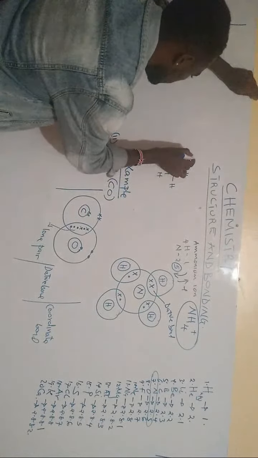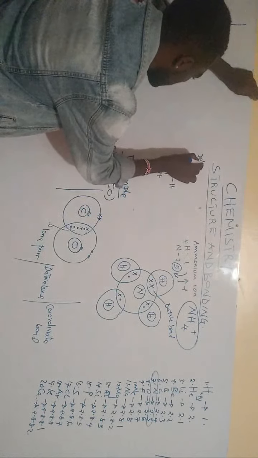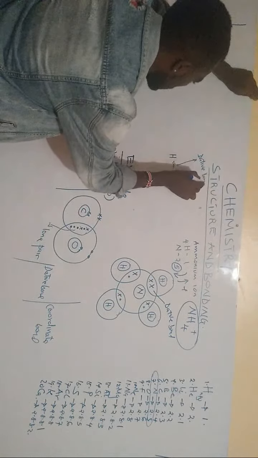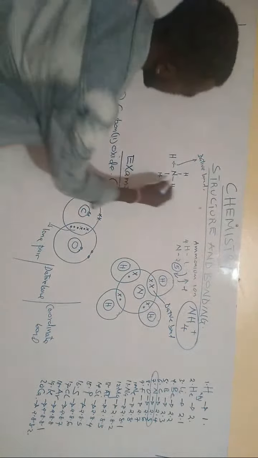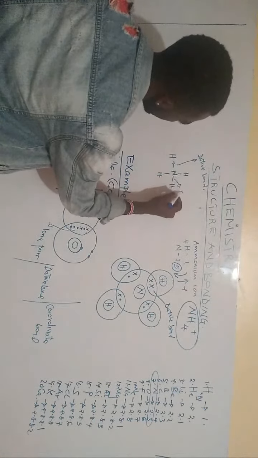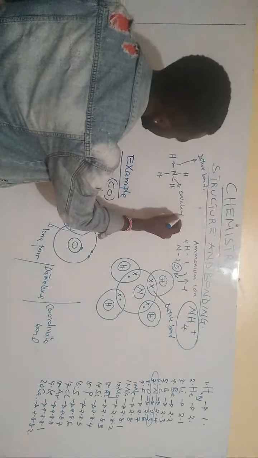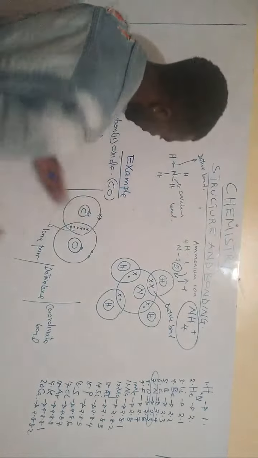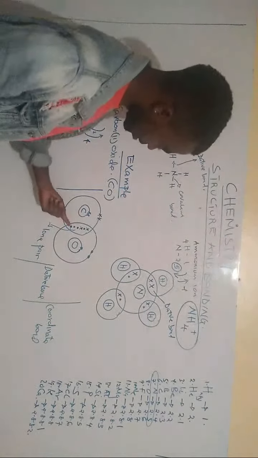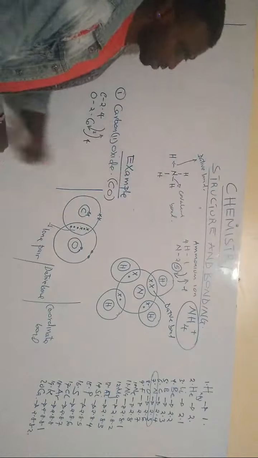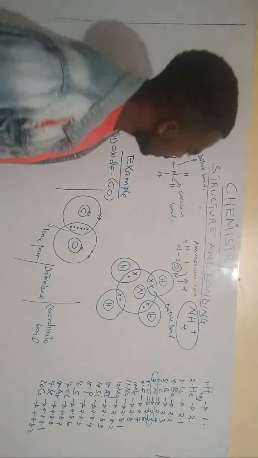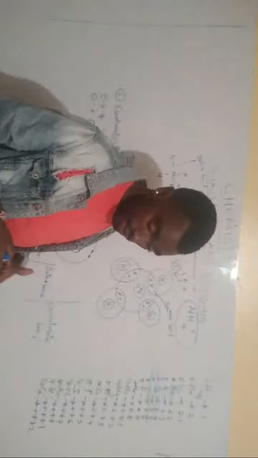That way, this is the dative bond. These are the rest, they are covalent bonds. It can as well happen to this one. We show it that way, then this one we show as the covalent bond. That's what we're talking about. So that's all about the coordinate bond.